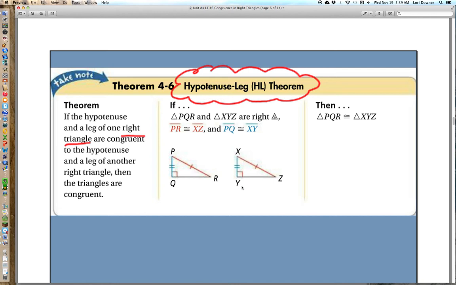This is a special case where we have two right triangles. And when they are right triangles and you have both hypotenuses congruent and both legs congruent, then you can say that the two triangles are congruent. So pause this movie, add this to your goldenrod sheet, then press play when you are finished.